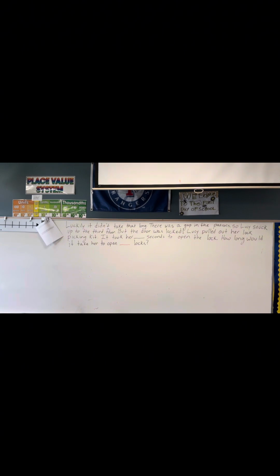Jasmine. So I forgot the question. What would you do to solve this problem? You have to multiply the number of seconds by the number of locks.